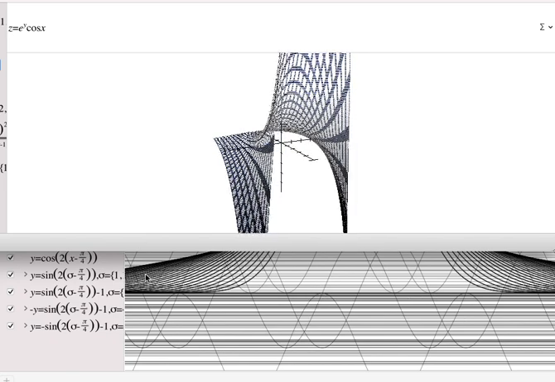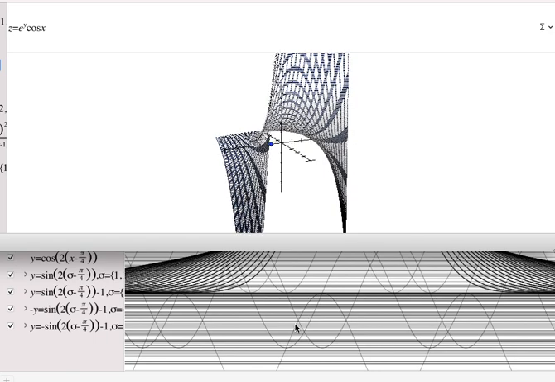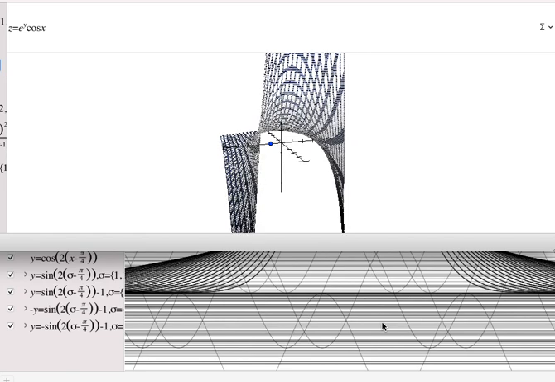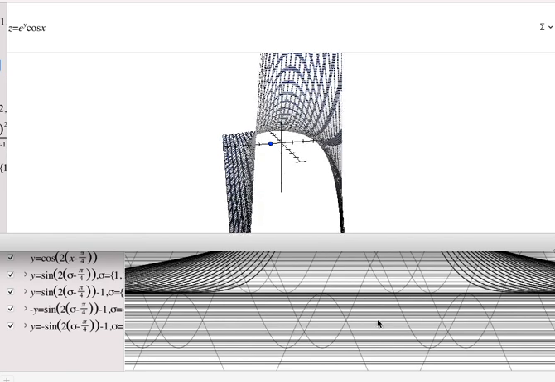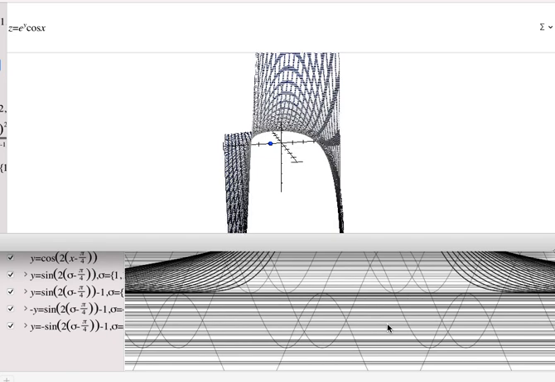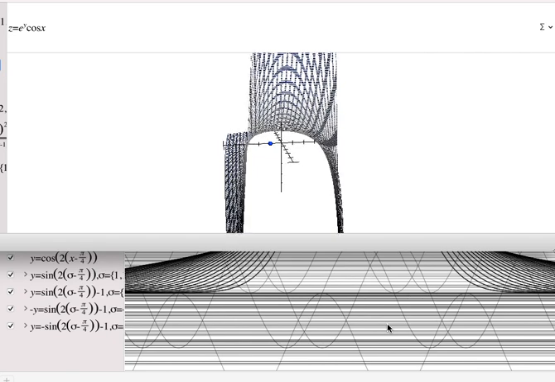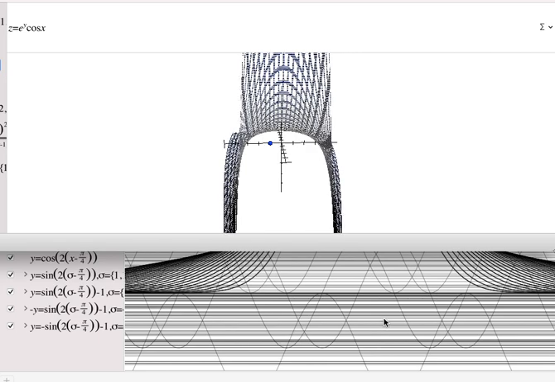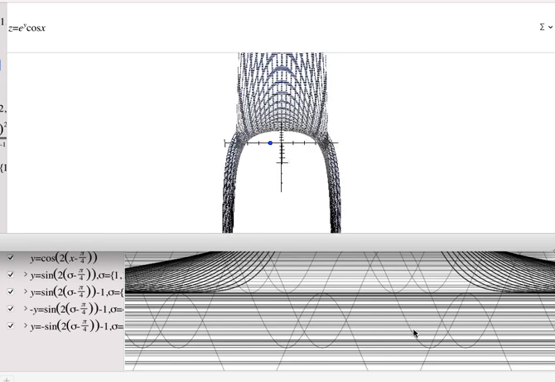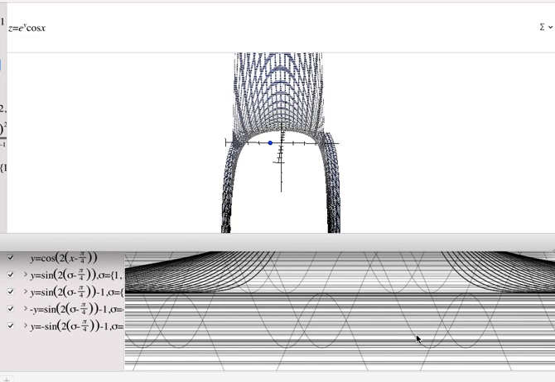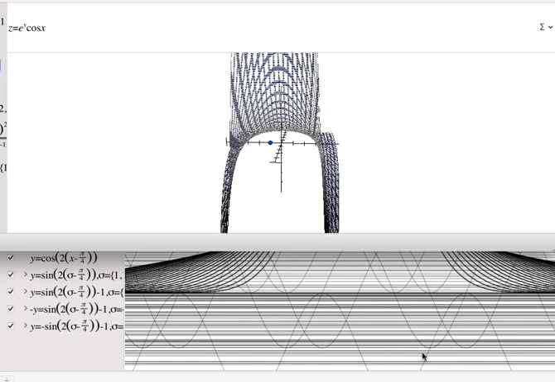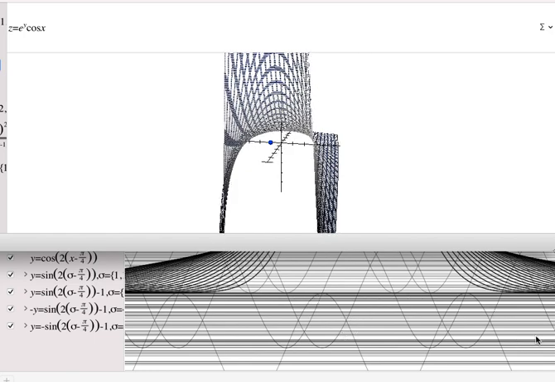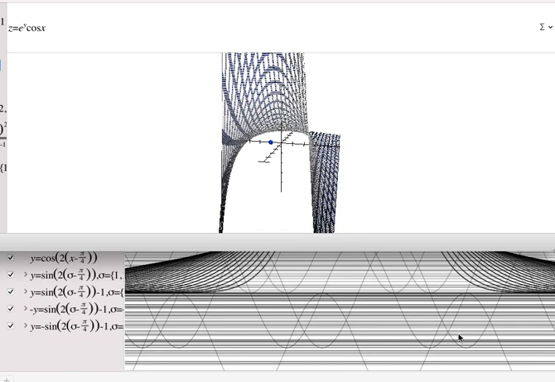E to the x, or in this case e to the y, is a phenomenal function because it's going to increase by a step of 1 for each index, and as the index increases in its position, it's going to also increase the denominator and the numerator. Well, it's going to increase the numerator by 1, but it's going to increase the denominator by the factorial, which pretty much compounds by quite a bit.